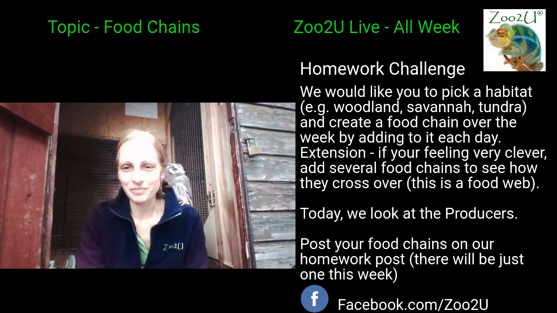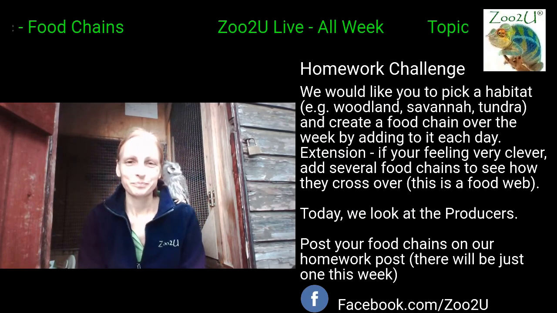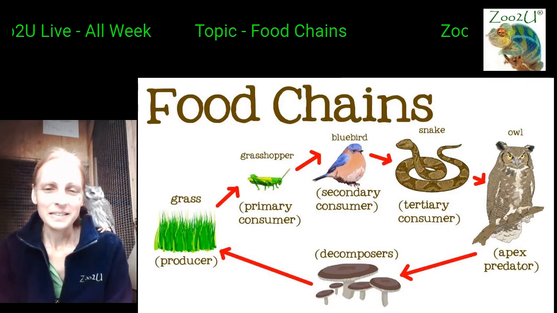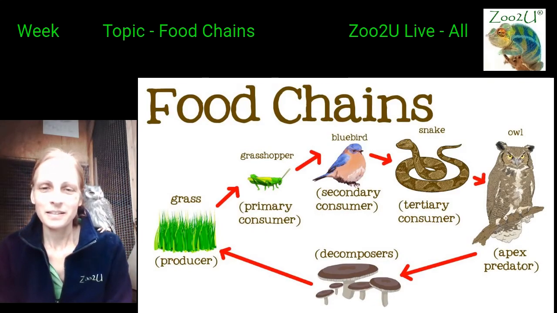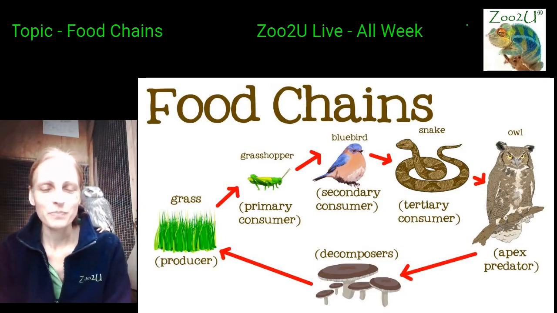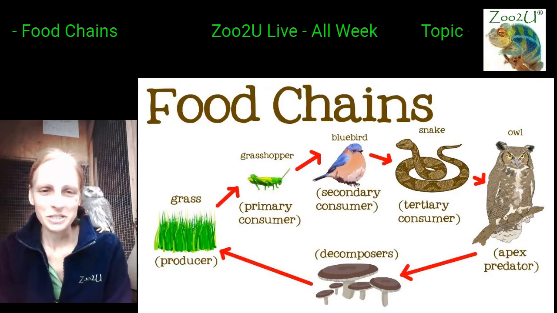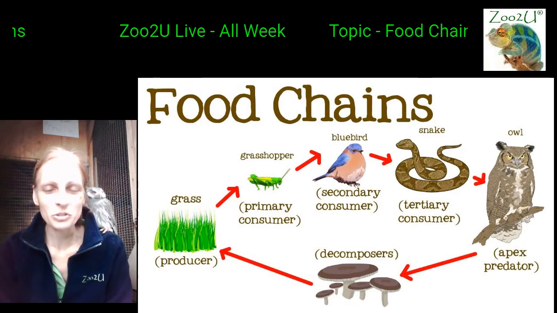Okay, so let's have a little look at food chains. They consist of a lot of links that show the flow of energy. It's basically a transfer of energy from one thing to the next, all organisms, of course.